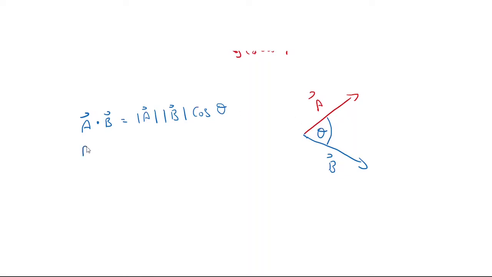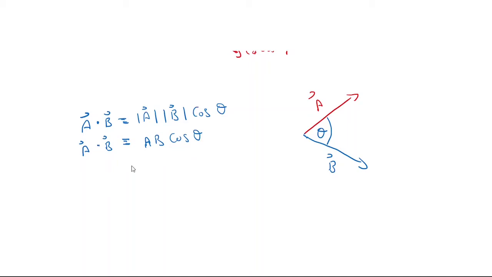Another way you can write this, using the notation I've been showing you, is just AB cos theta. Remember I said if I don't put any vector on top, it means this is the magnitude. Both ways basically mean the same thing.